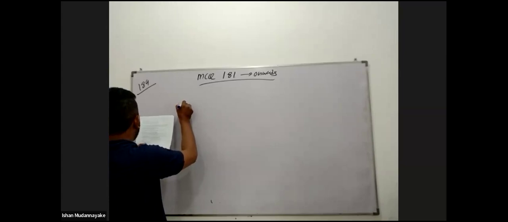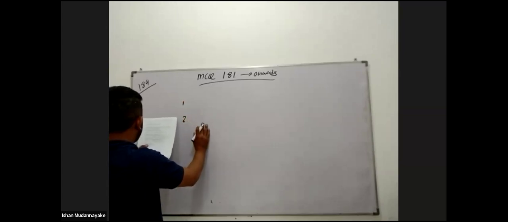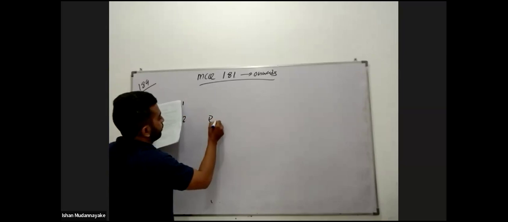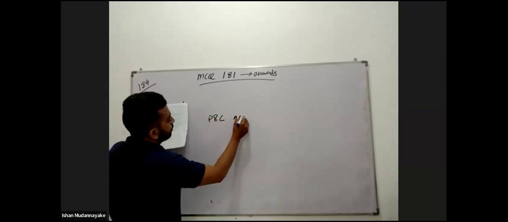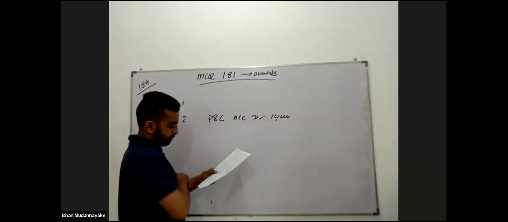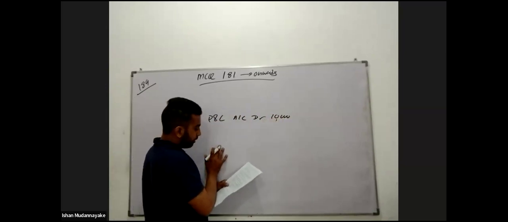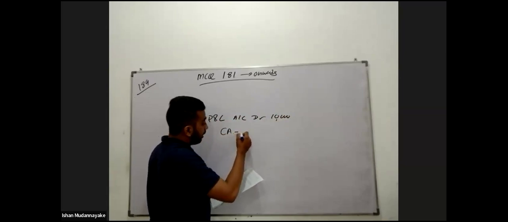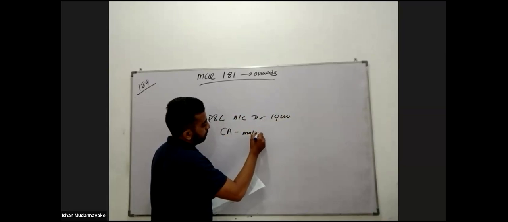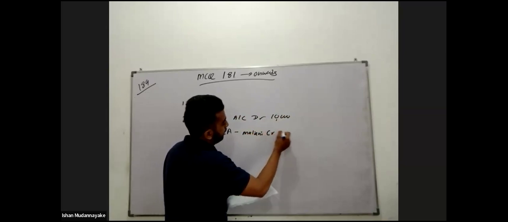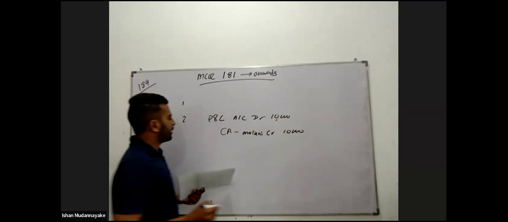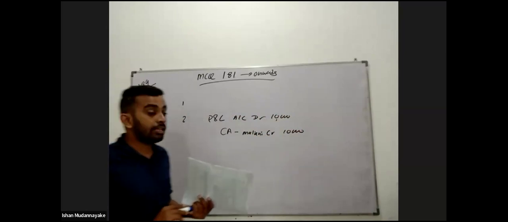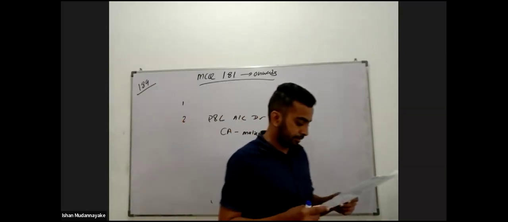Profit and loss account debit 10,000, and current account Malini credit 10,000. That's the double entry.